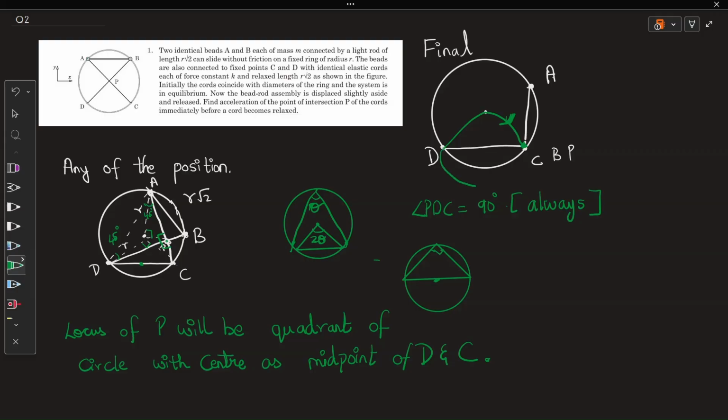Now, if you see, yeah, this works. Now, P is right now here. Now, the only acceleration P can have is centripetal acceleration about this point. Let's call it C dash.